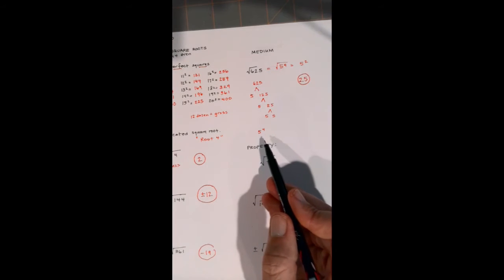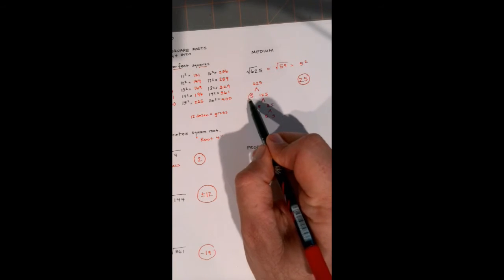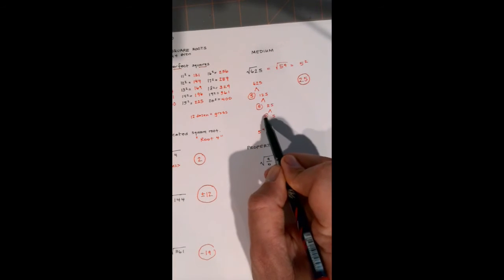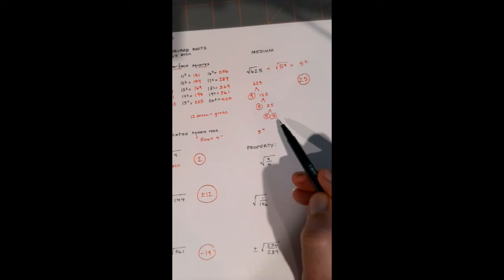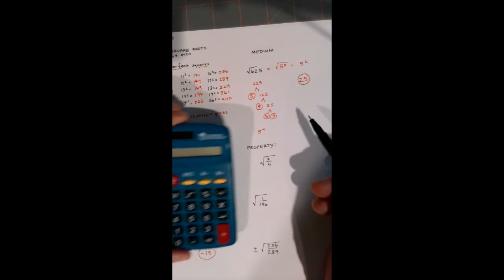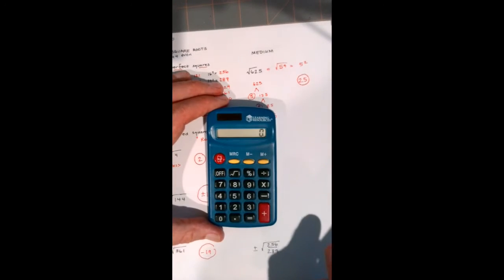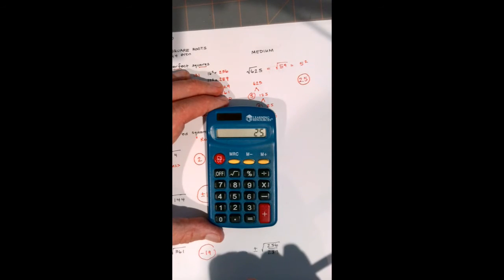What they tell you to do in Saxon is to do the prime factorization, and then when you get all of the factors, just go ahead and take the square root. So the square root of 5 to the 4th is 5 squared. Now, this is perfectly fine. You will actually need to know something like this starting tomorrow. But for right now, I probably would just do this: 625, square root.